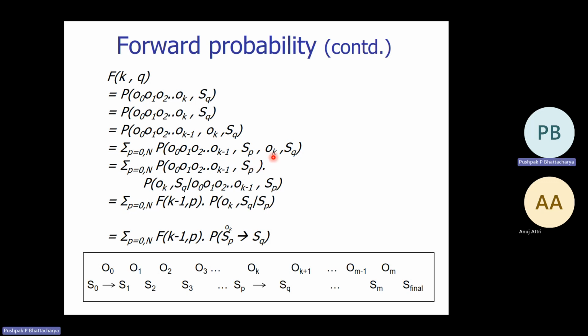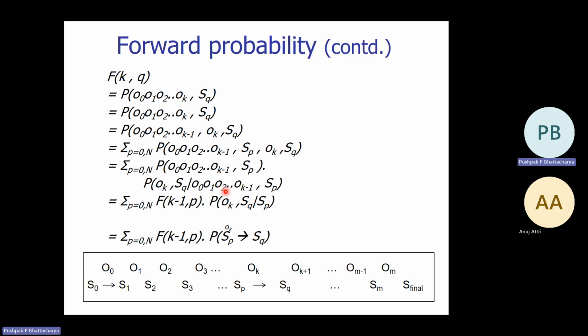Then Ok is isolated, Sq is the original q. So here I apply chain rule of probability. So probability of O0 to Ok minus 1, Sp into Ok, comma Sq, conditioned on Sp and the shortened prefix.